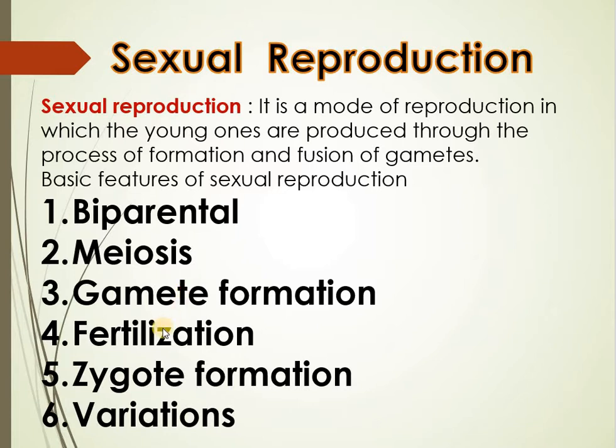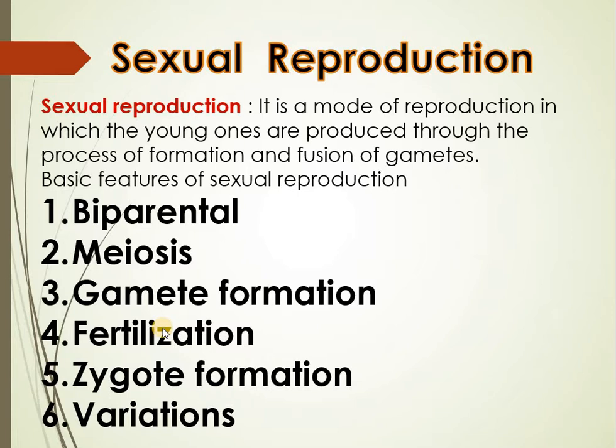Next comes fertilization. The two haploid gametes, that is the sperm and the egg, fuse during fertilization to form a diploid cell called the zygote. Fertilization restores the diploid number of chromosomes in the life cycle.